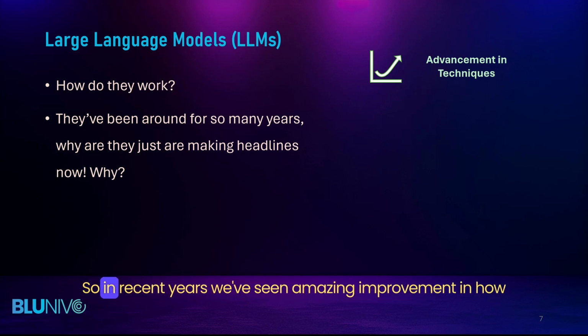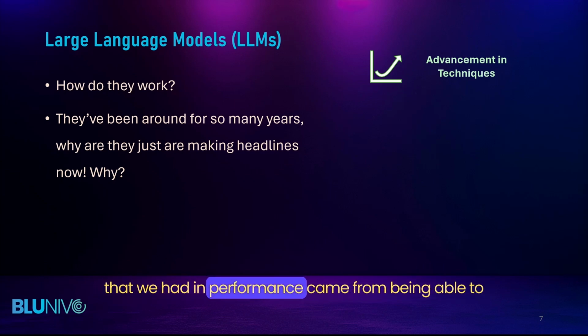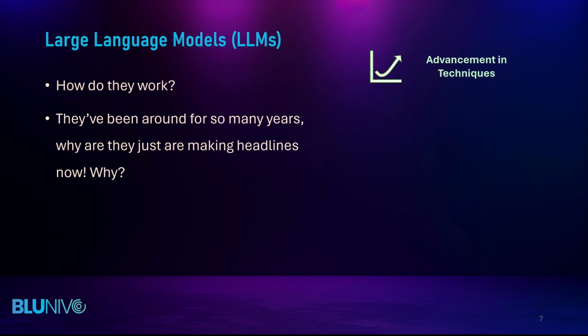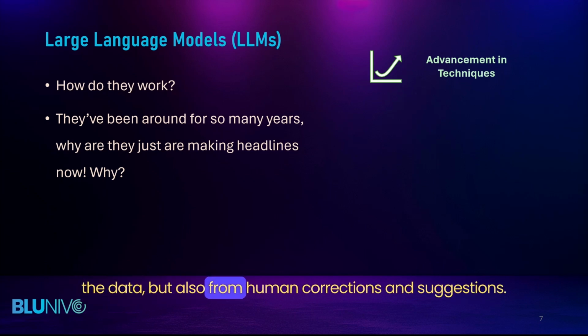In recent years, we've seen amazing improvement in how these models are trained, and one of the biggest jumps in performance came from integrating human feedback into the training process. This means the models can now learn not just from the data, but also from human corrections and suggestions.